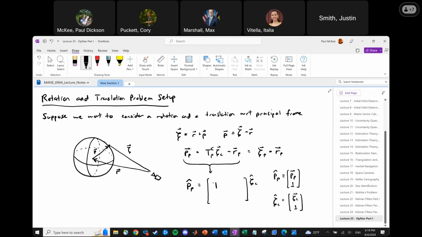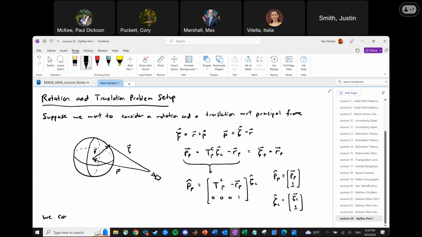So then this here, R_P, with the vector, not the hat, because this is just a 3x1 vector, and then 0, 0, 0, 1. So this equation here is the same idea as this equation here, expressed in homogeneous coordinates. So I'll put that clearly.